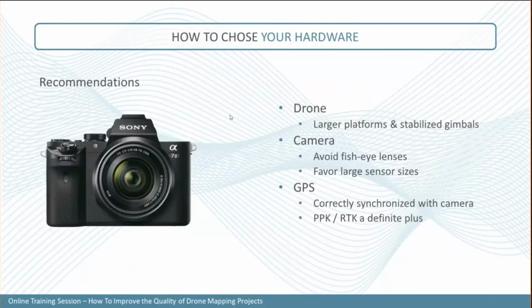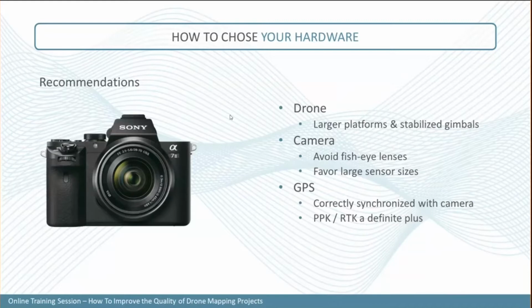Now, how can you choose your hardware in order to have good output? For the drone, you probably want a larger platform, something that's stable throughout your flight. You don't want to use a really small drone that can be highly affected by the wind, because this could have an effect on the overall overlap of your project.